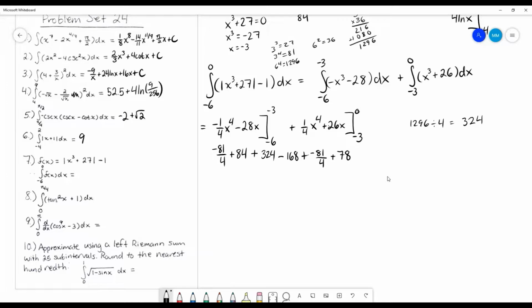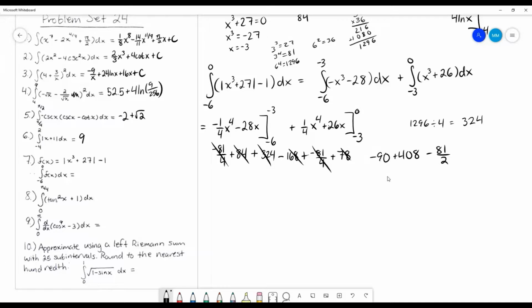Okay, well, fun. I know negative 168 plus 78, that's gonna be a negative 90. So minus 90. I know these added together, it's going to be 408. And then I've got these there. If I add those together, it's going to be minus this. Okay, 408 minus 90.